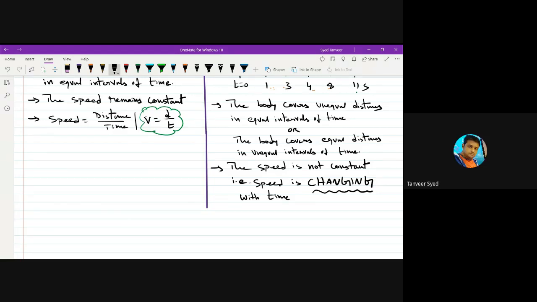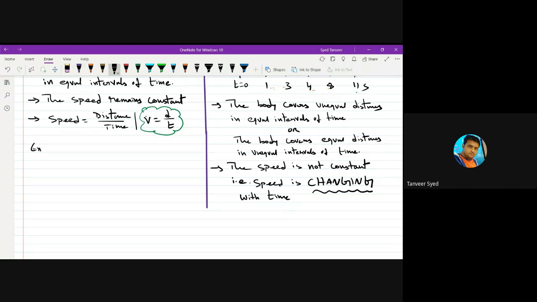Definitely non-uniform. Sometimes you go fast, sometimes you go slow, sometimes you stop. You move with different speeds depending on the situations of the traffic. So your motion will be non-uniform. You will be covering either unequal distances in equal intervals of time or equal distances in unequal intervals of time. Then your motion will be non-uniform motion.